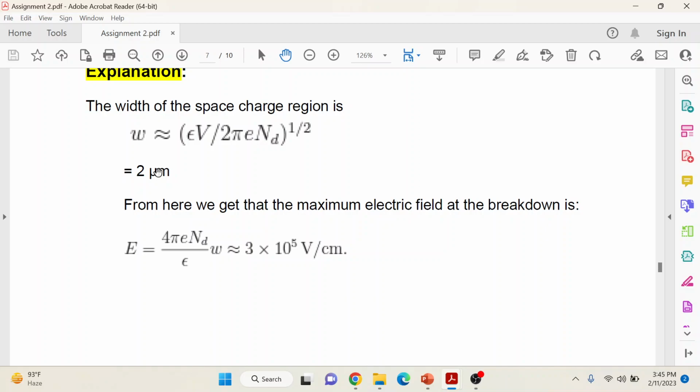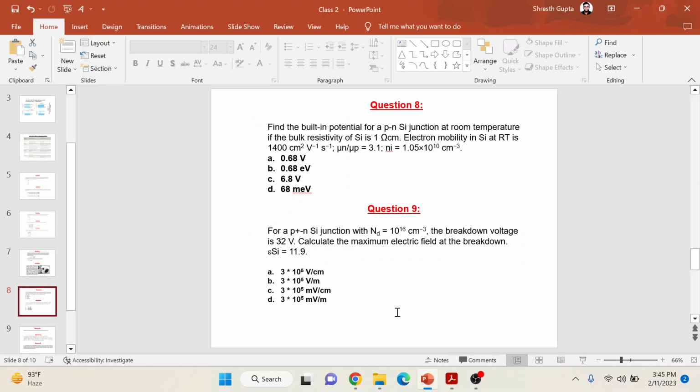So from here, putting all these values, we get the value of W as 2 micrometer. Now the maximum electric field at the breakdown is E is equal to 2 e Nd W over epsilon. Putting all these values in the expression, we find that the correct answer is 3 cross 10 to the power 5 volt per centimeter. That means the correct answer is A.